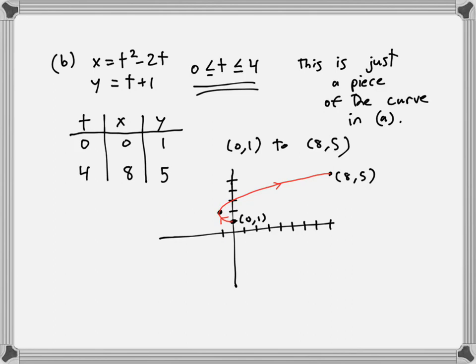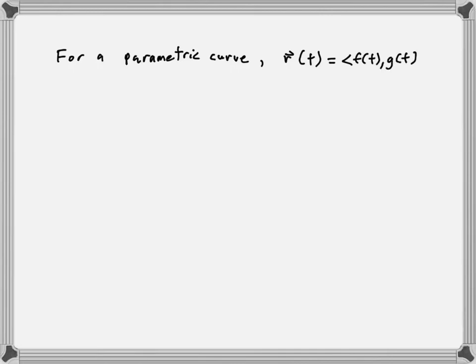So let's talk about some terminology here, now that we're starting to learn a little bit more about how these curves work. So for a parametric curve, if you have a parametric curve that looks like this, with a function f of t and another function g of t, and t sits between a and b.